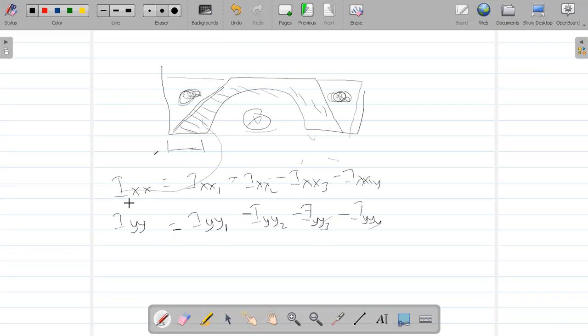In the next class, everyone has to submit the solution of this problem. I have given this same problem in your notes to identify the CG, in which we calculated x bar and y bar. After x bar and y bar, you calculate Ixx and Iyy.